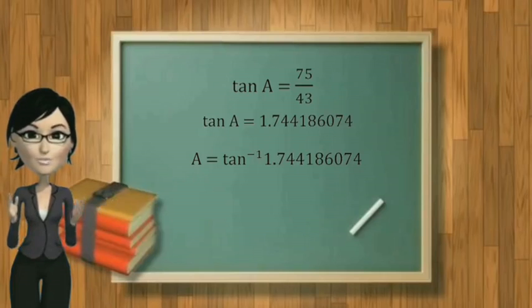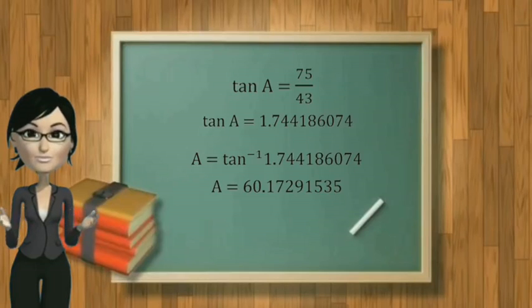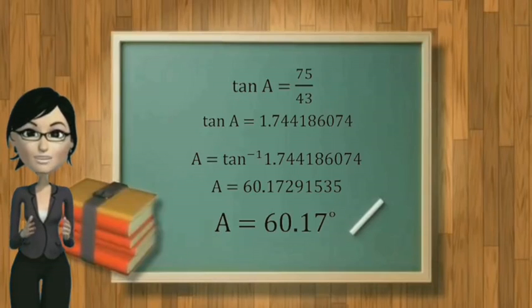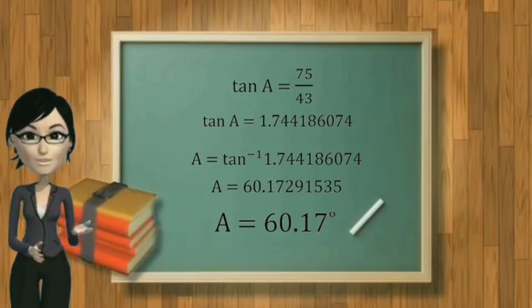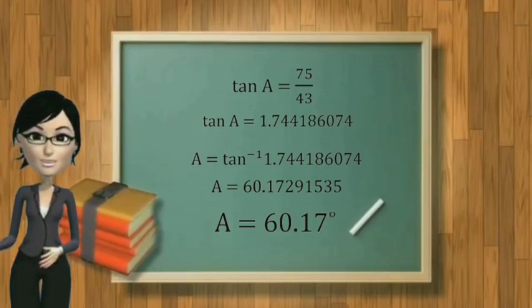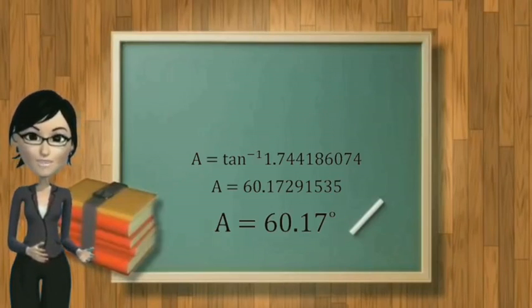So the answer will be 60.17291535. Rounded off to two decimal places, our final answer is 60.17 degrees. Therefore, the angle of elevation if the outside depth of the sofa measures 43 centimeters is 60.17 degrees.